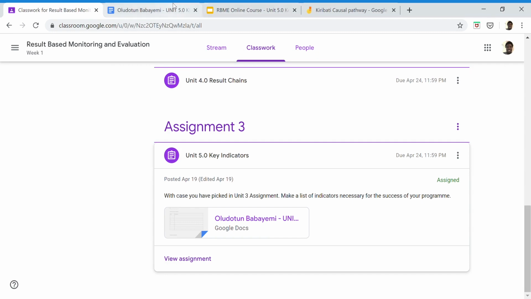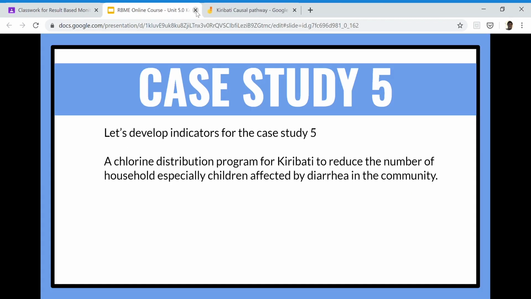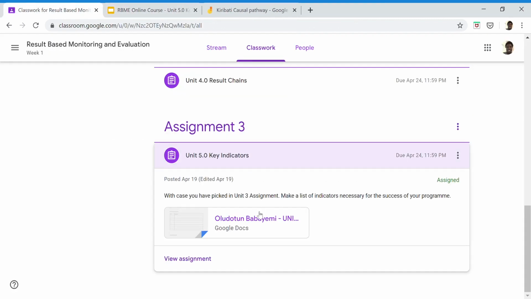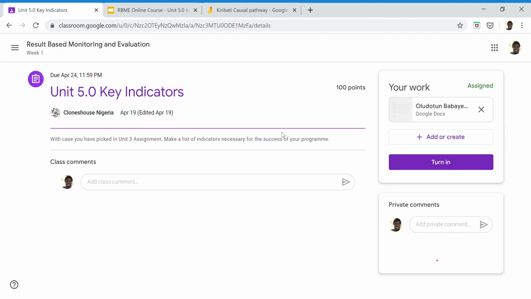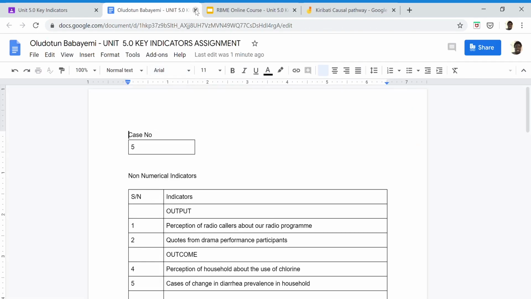Once you're done, it saves automatically. So I can open this again, view assignments. Since I've completed it already, if you open it again, you'll see that it's completed.